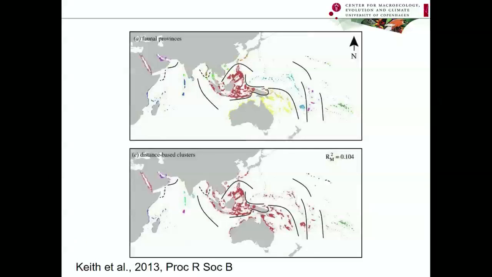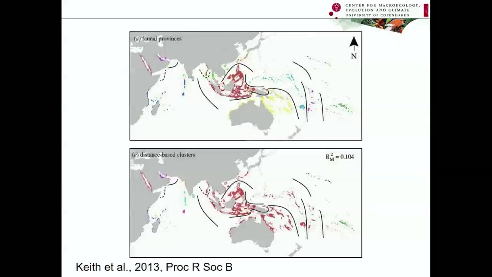Another factor that was investigated was distance between habitat. And again, this was found to have only relatively weak support for generating these biogeographic patterns in corals. So this distance between habitat is a commonly used proxy for dispersal, with the idea being that as distances between habitat increases, then dispersal between those locations will decrease.